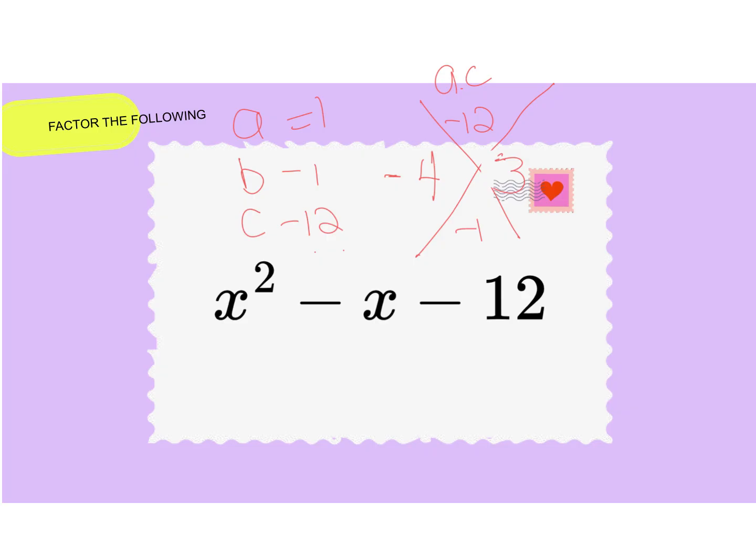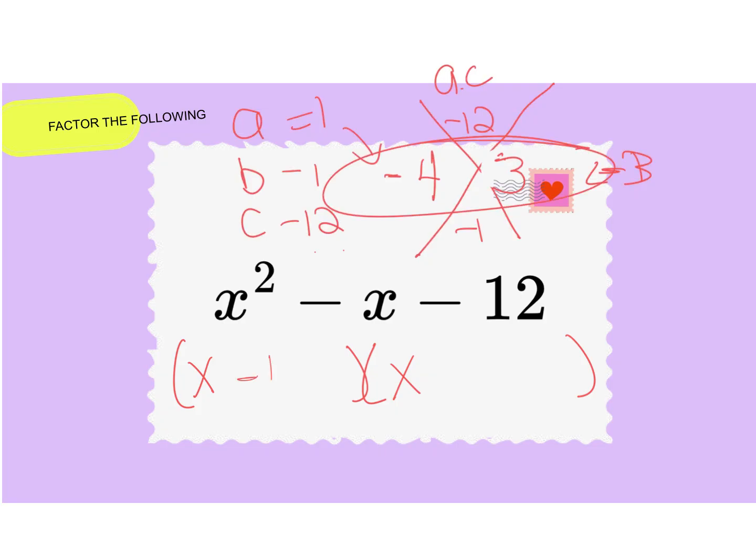Okay, now I'm not done yet. Remember, I just found those middle terms. Those are my B values. I can only do this when my A value is equal to 1. I'm simply going to split my x in two, and I'm going to plug in what I got here in the middle. So one of these is going to be a negative 4, and one is going to be a positive 3.